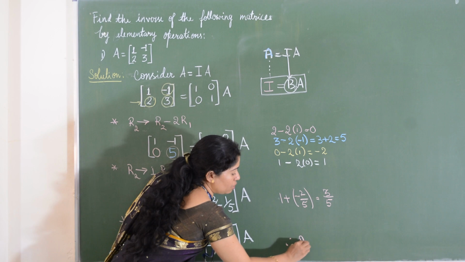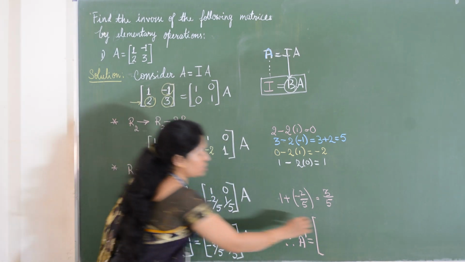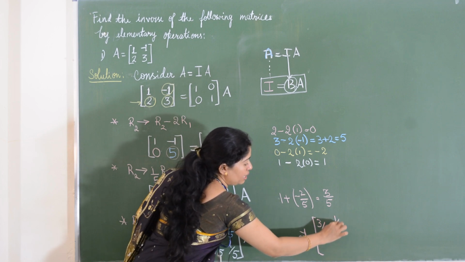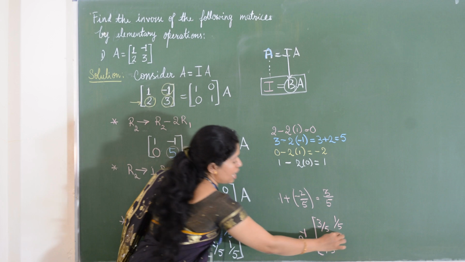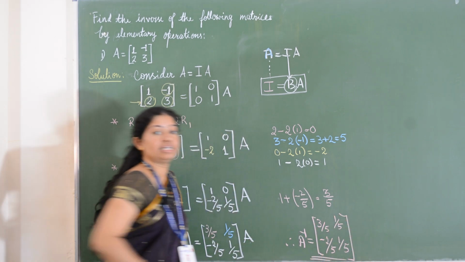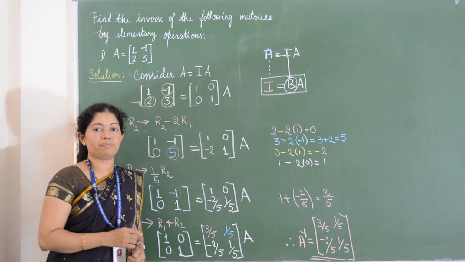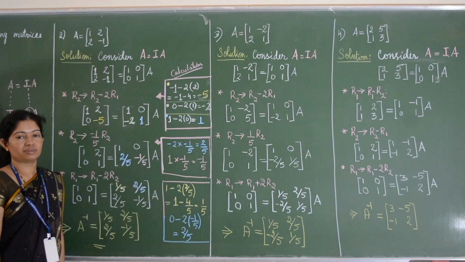Therefore A inverse is given by this matrix with entries 3 by 5, 1 by 5, minus 2 by 5 and 1 by 5. So like this we can find the inverse of a matrix by using elementary operations.